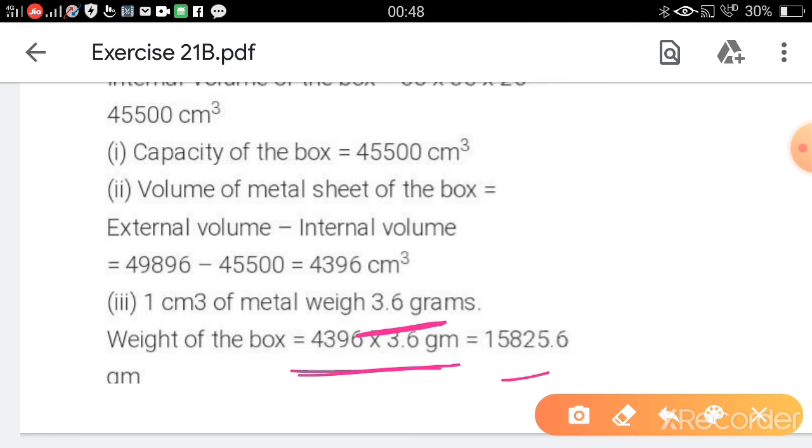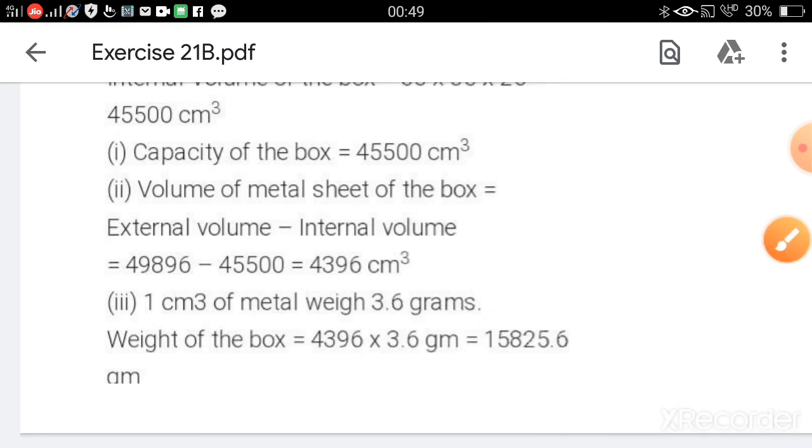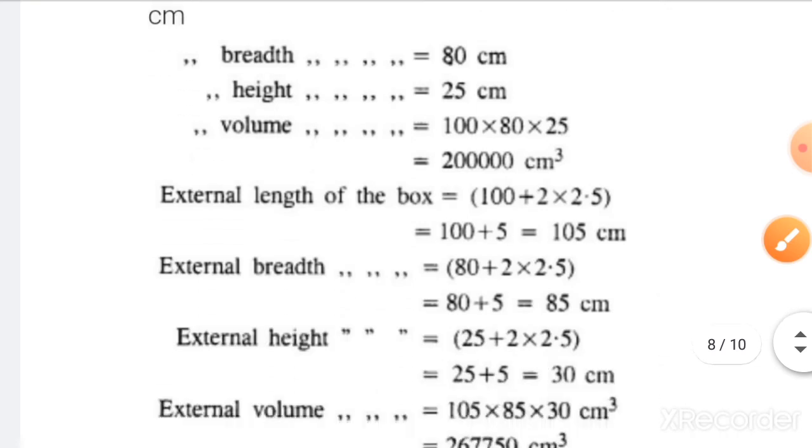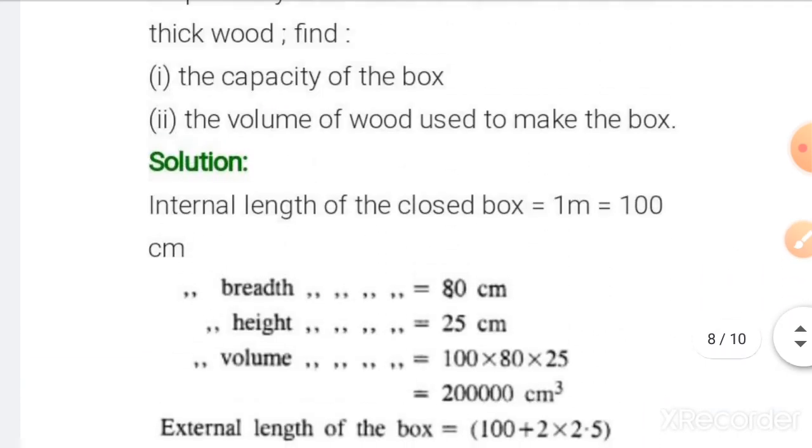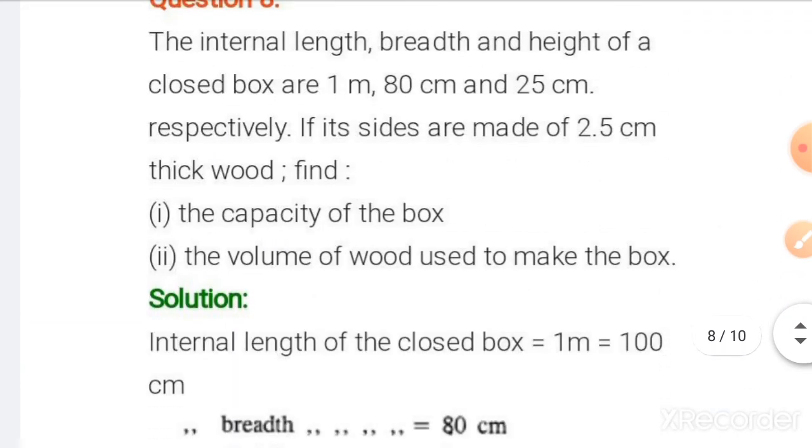So the total weight will be 15,825.6 gram. Okay.